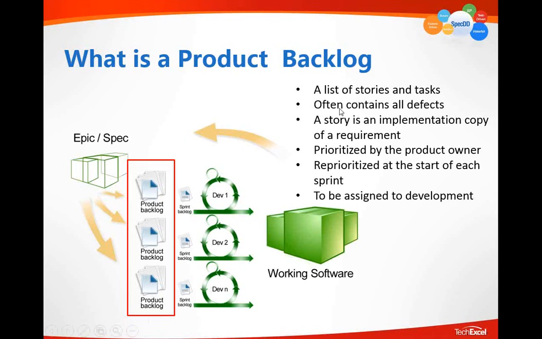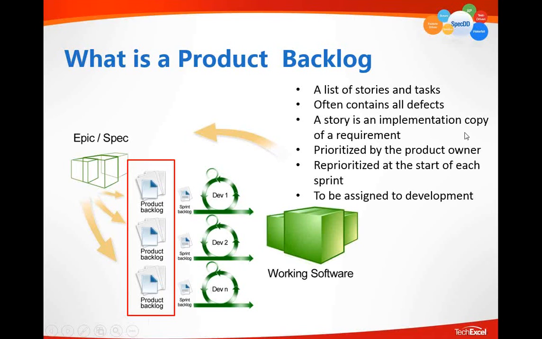So I just want to read these bullet points. The backlog contains a list of stories and tasks. Often, the backlog contains all the defects found so far. However, the backlog often contains only a small set of the requirements that were just committed as stories.